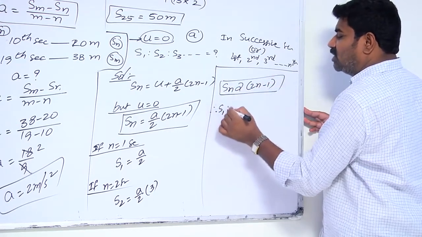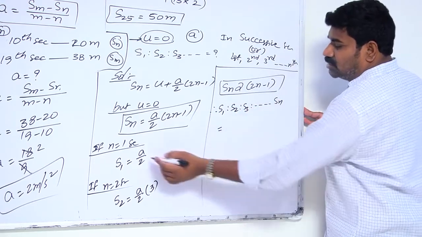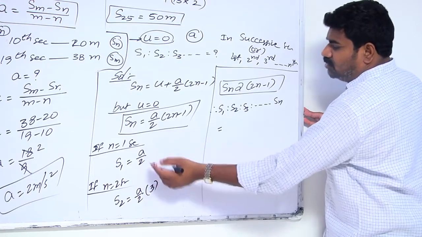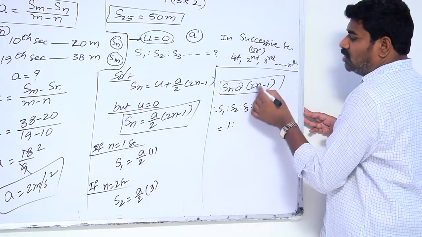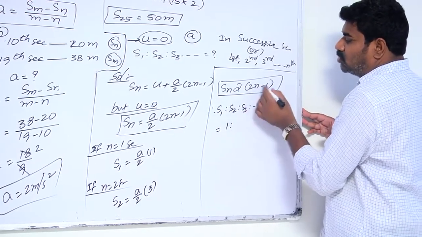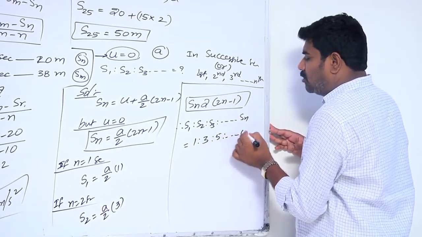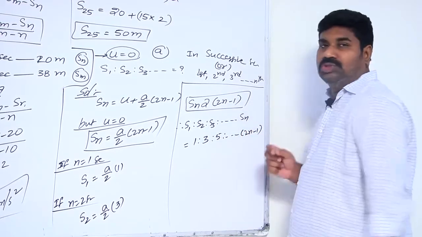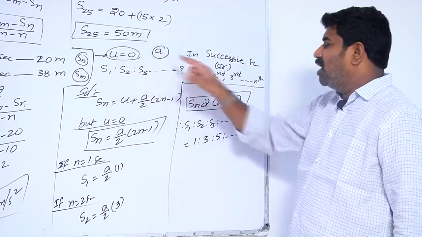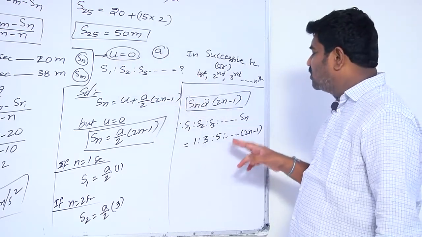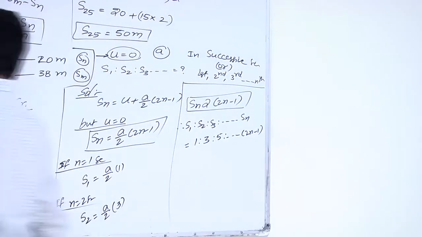Therefore S1 : S2 : S3 : ... : Sn, the a by 2 cancels, so this is 1 : 3 : 5 : ... : (2n minus 1). So the ratio of the displacements in successive seconds, when starting from rest with uniform acceleration, is 1 : 3 : 5 : and so on up to (2n minus 1).